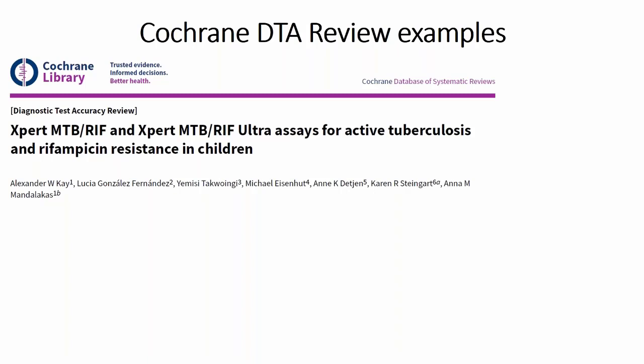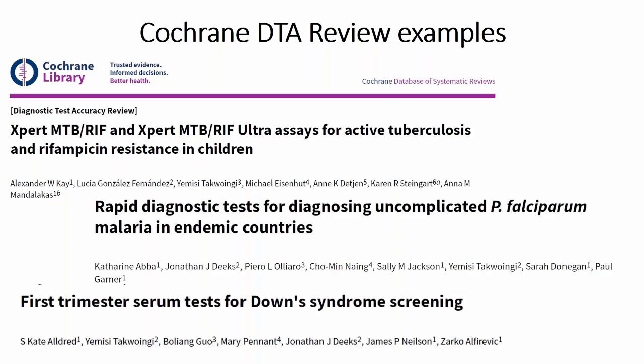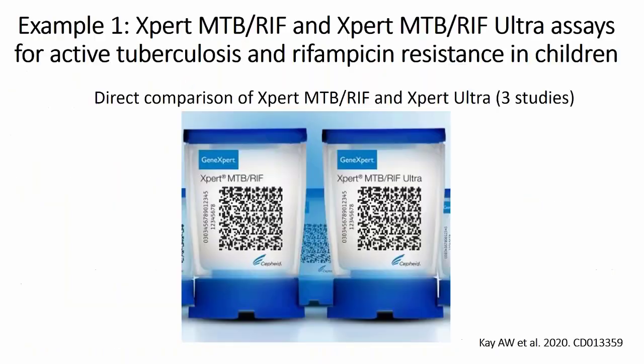And I'll use three Cochrane reviews as examples to show different levels of complexity in test comparison strategies in DTA reviews. Now, this first one is a review of Xpert MTB versus Xpert Ultra.